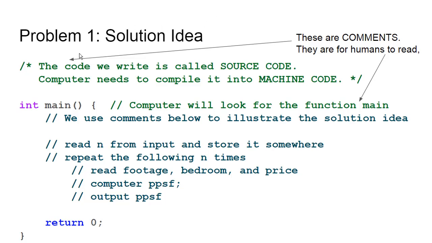In C code, there are two ways to include comments. One of them is you start with /*, then you write the comment, and it ends with */. Anything in between is considered a comment, and comments are for humans to read, so the computer will basically ignore that.